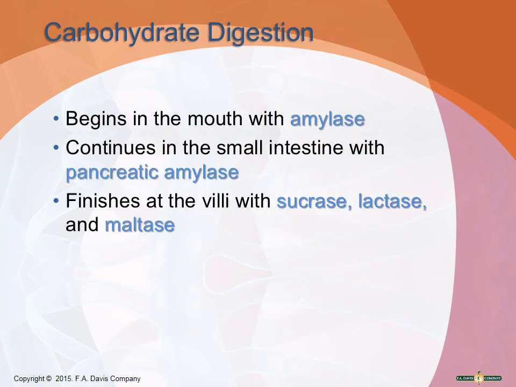Carbohydrate digestion begins in the mouth by the enzyme salivary amylase, and then continues in the small intestine with pancreatic amylase. And at the villi, we have the enzymes sucrase, lactase, and maltase.